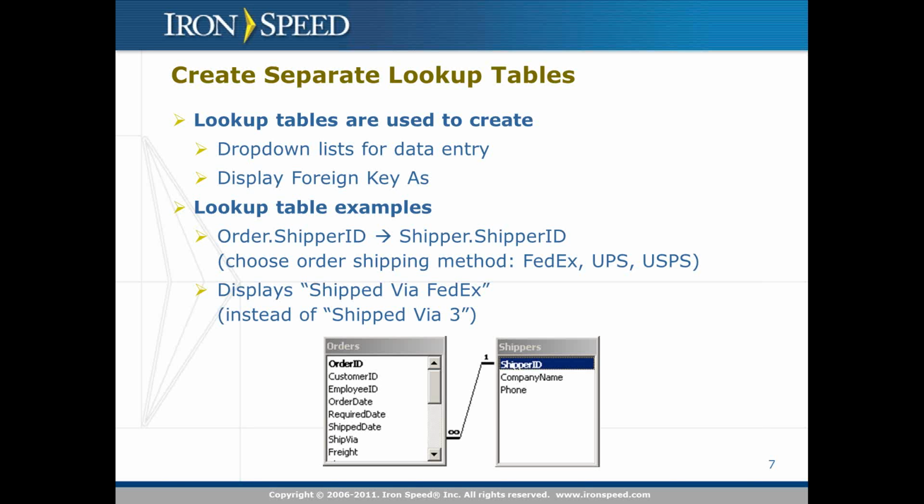Why? Because when you do this, IronSpeed Designer will automatically generate a drop-down list for you. You won't be worried about the spelling of those country or shipper names or anything like that.